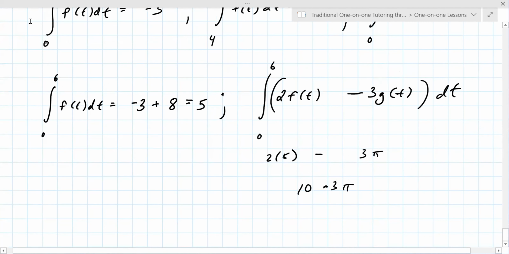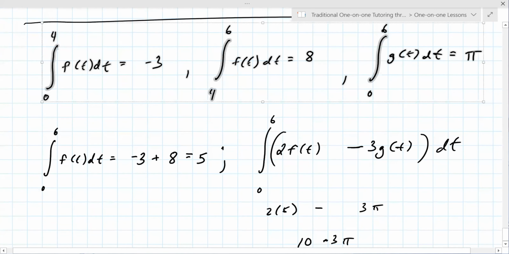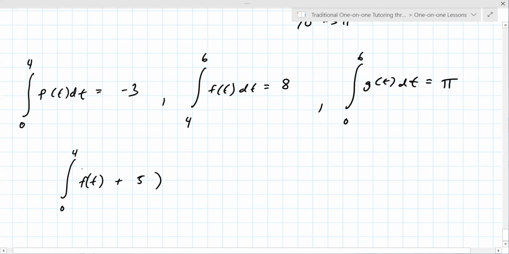Now we saw a few of these the other day, so let me grab this again and just snip it down. So another possible scenario is that they could ask you, what is the integral from 0 to 4 of f of t plus 5 dt?